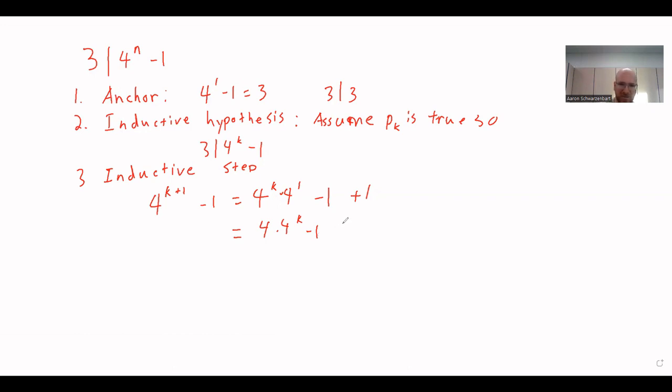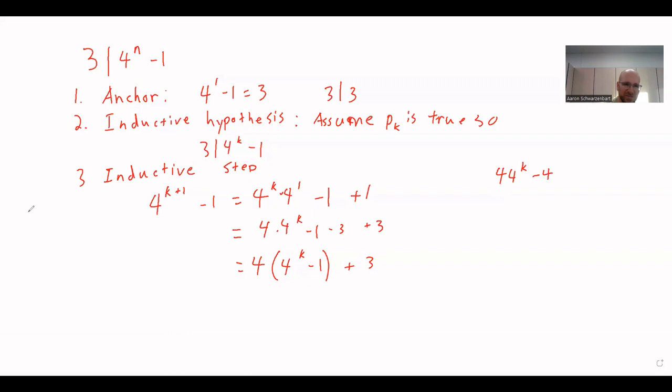That's not helpful. But let's say I add a 4 here. Now let's add a 3. Okay, so never mind. If I do this, that is equal to 4^k minus 4, right? It's equal to 4 times 4^k minus 4. So essentially, I'm doing minus 3 here, plus 3.